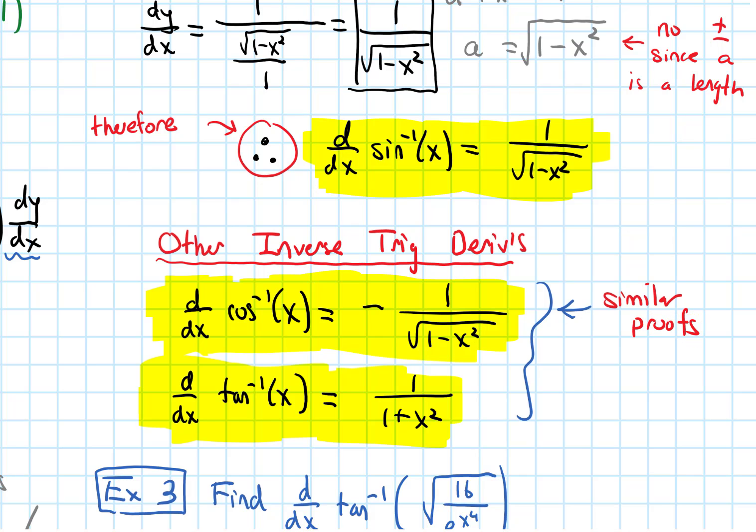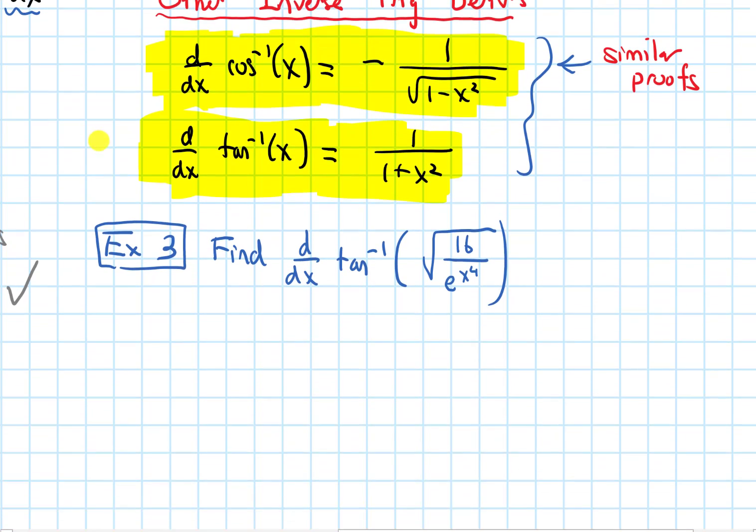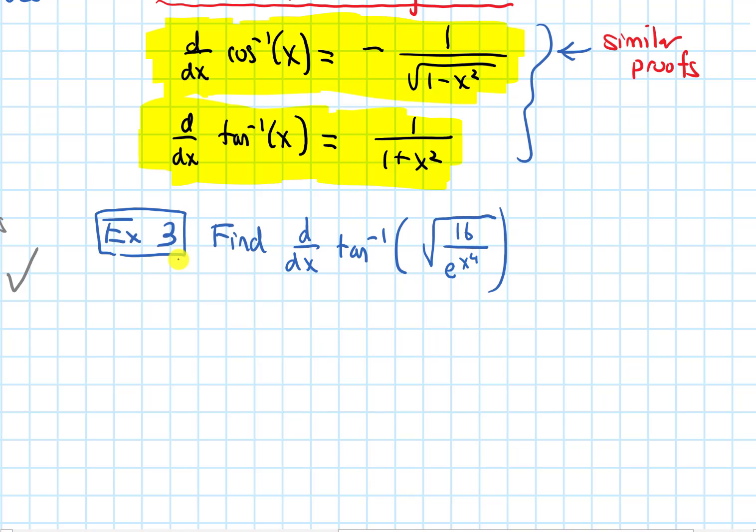All right, so that said, let's do an example now, taking for granted that we know these formulas. The example says, find the derivative of tangent inverse of the square root of 16 over e to the x to the 4.